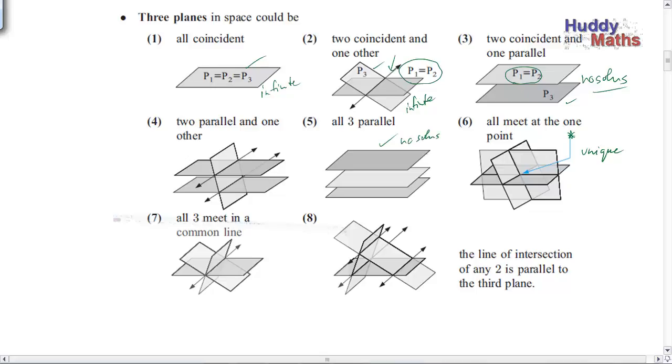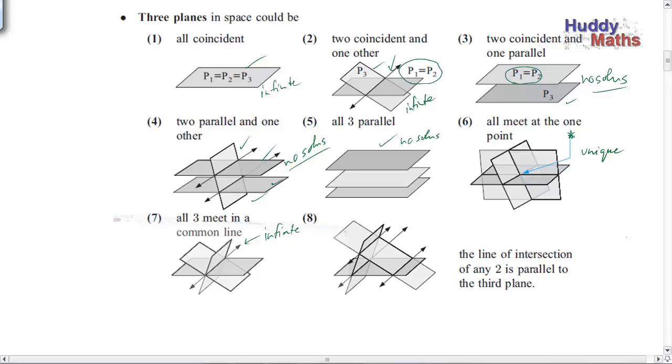And here two parallel and one other. So here we've got this one and this one sharing points, an infinite number of points, and this one and this one. But all three together don't share any points altogether. So there'd be no solutions there. All meet in a common line. Well, the points on that line, infinite number, so there'd be an infinite number of solutions there, shared by the three planes.